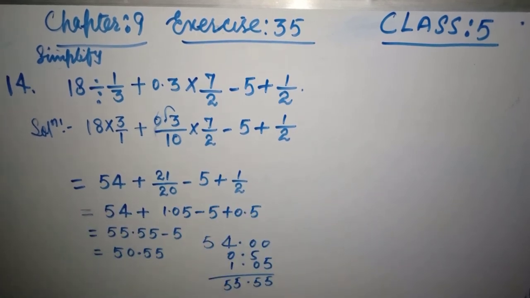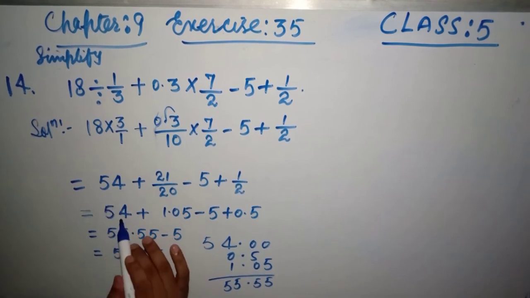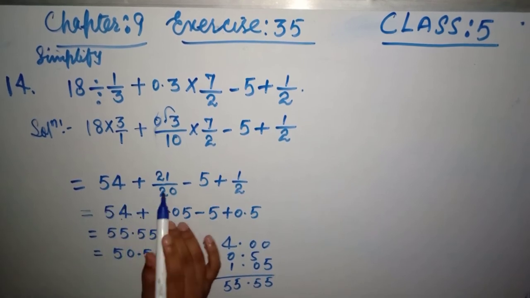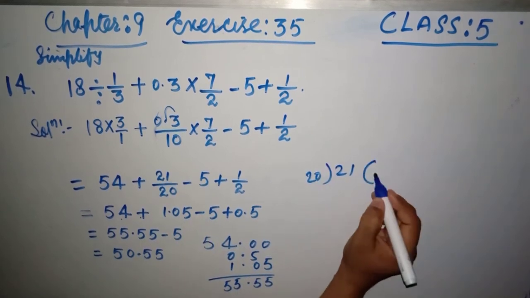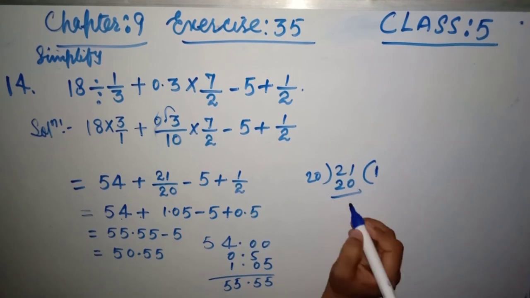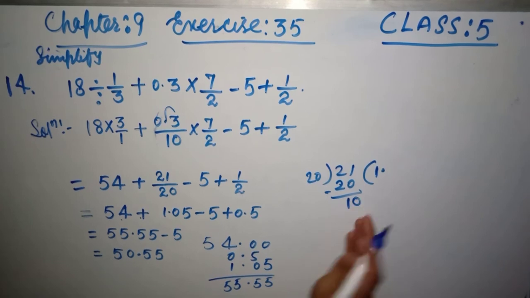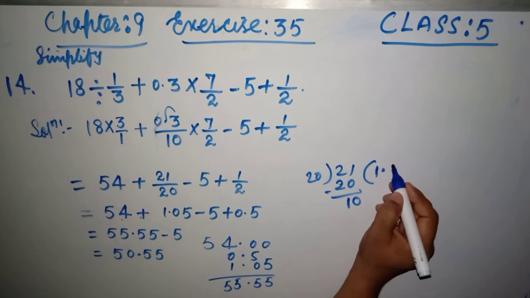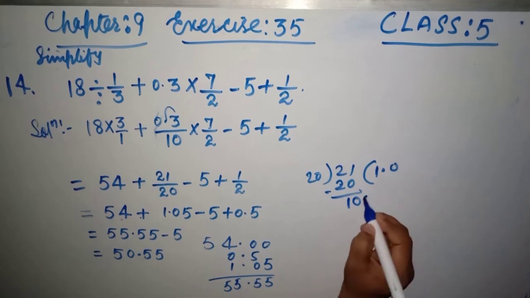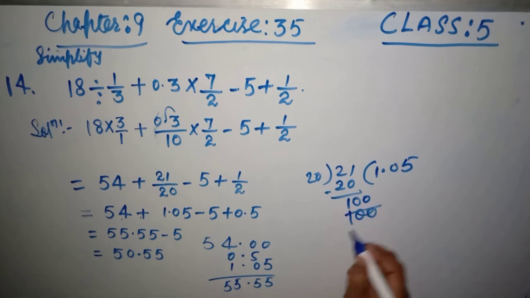Now see, friends, here the 24 is as it is, plus if we divide this 21 by 20 we will get, this is 1 into 21 divided by 20, so 1 is here, decimal, here is the 0. Even 10 is less than, so place the 0, then 25 into 100, 100.